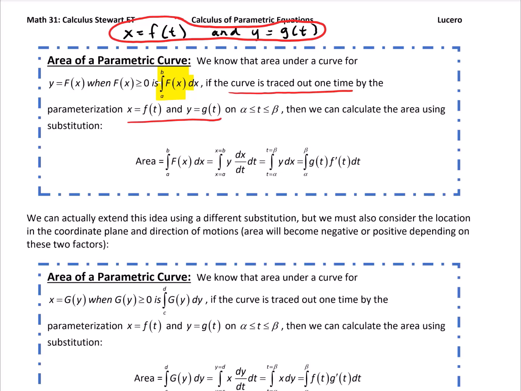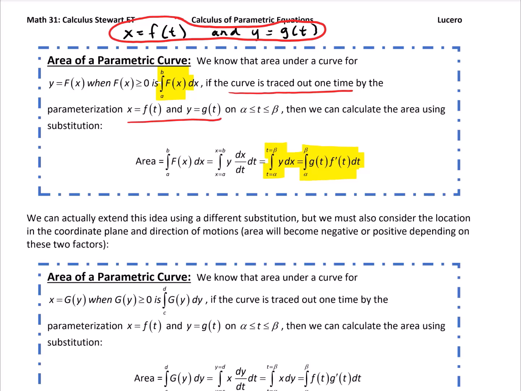And we end up finding that the area is the integral from t equals alpha to t equals beta of y dx, which, if we make those substitutions, is g of t times f prime of t dt.